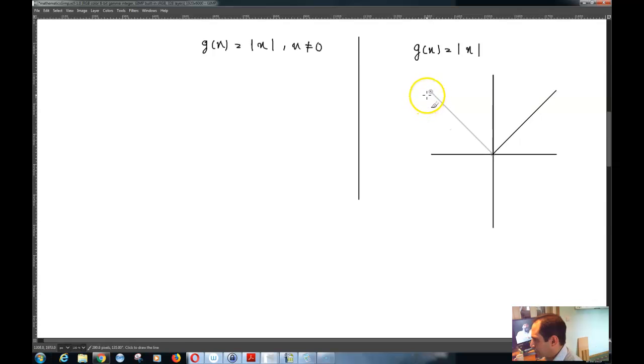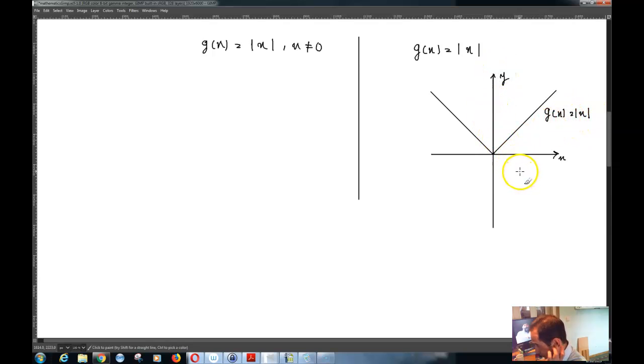That is y, that is x, and these two lines are g of x equal to the absolute value of x. Whether you enter positive or negative values for x, the absolute value function is going to give you positive values.